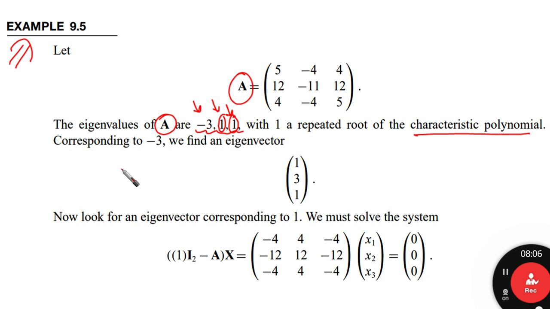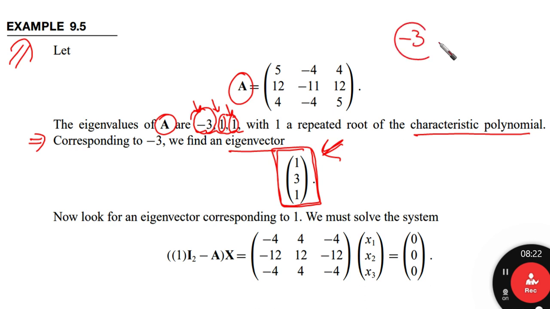Let's start now with the first root, the first value of lambda. Corresponding to -3, we find an eigenvector. This is the eigenvector. You can check it also by yourself. So -3 as lambda corresponds to this vector, which is 1, 3, 1.